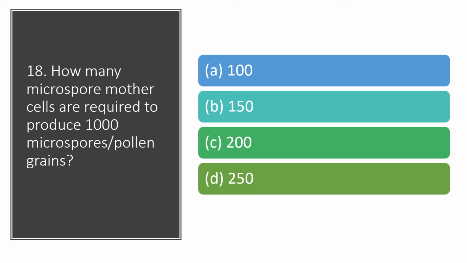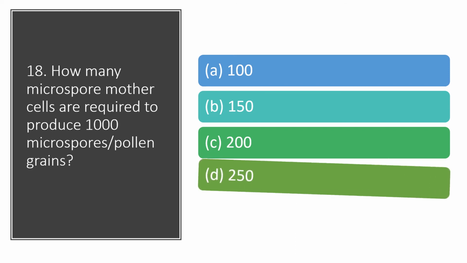So one microspore mother cell equals 4 microspores. Then 1,000 microspores come from how many microspore mother cells? Just divide 1,000 by 4, you will get 250. So the answer is 250. 250 microspore mother cells are required to produce 1,000 microspores.